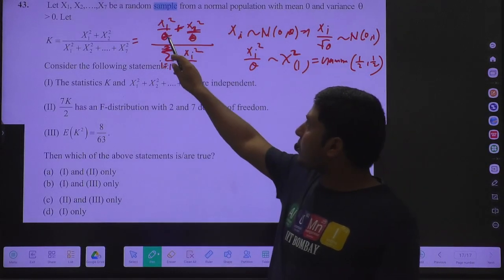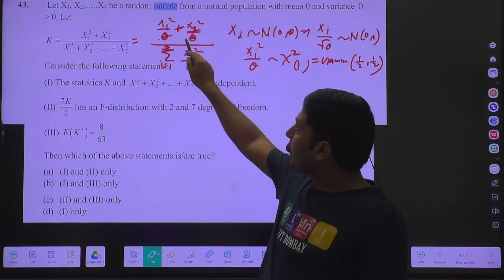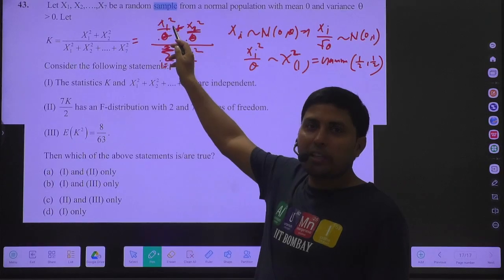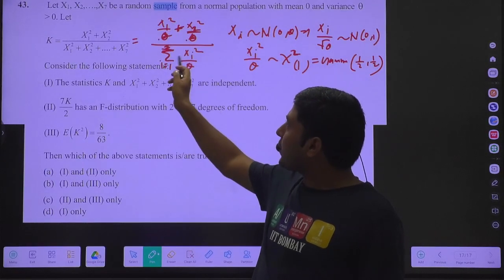This is chi square with 1 degree of freedom, adding will be chi square with 2 degrees of freedom, and this is chi square with 7 degrees of freedom.